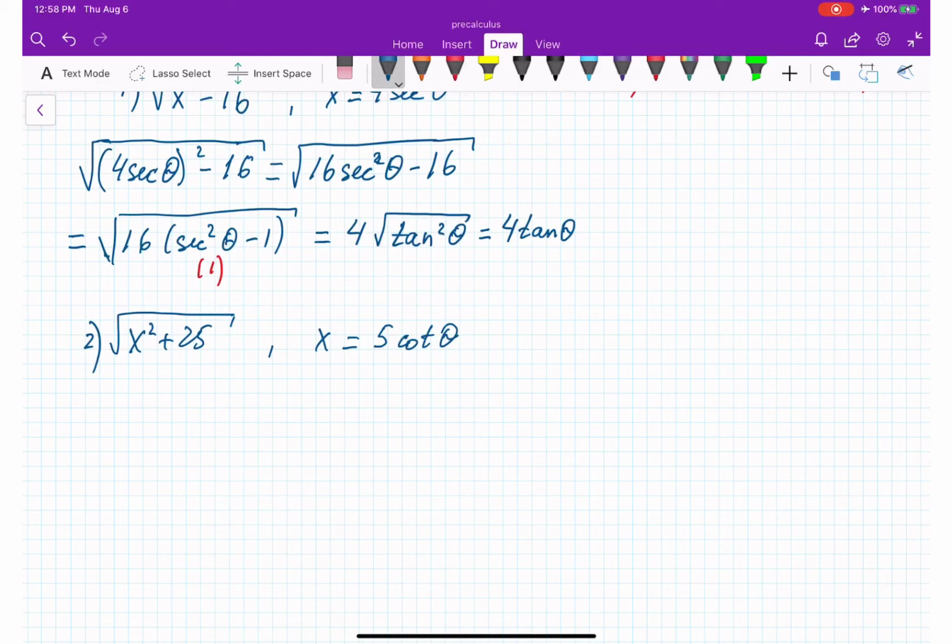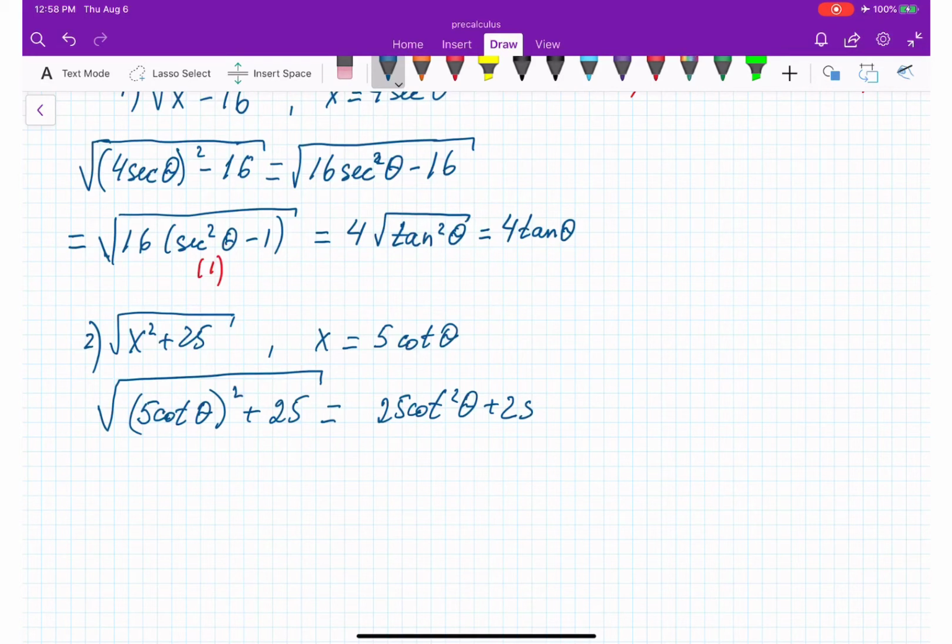So we have 5 cotangent theta squared plus 25 under the square root. This is going to be equal to 25 cotangent squared theta plus 25.